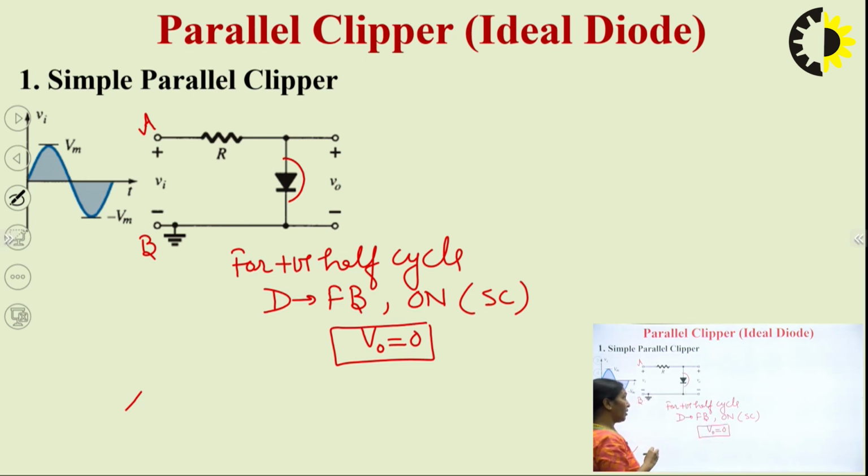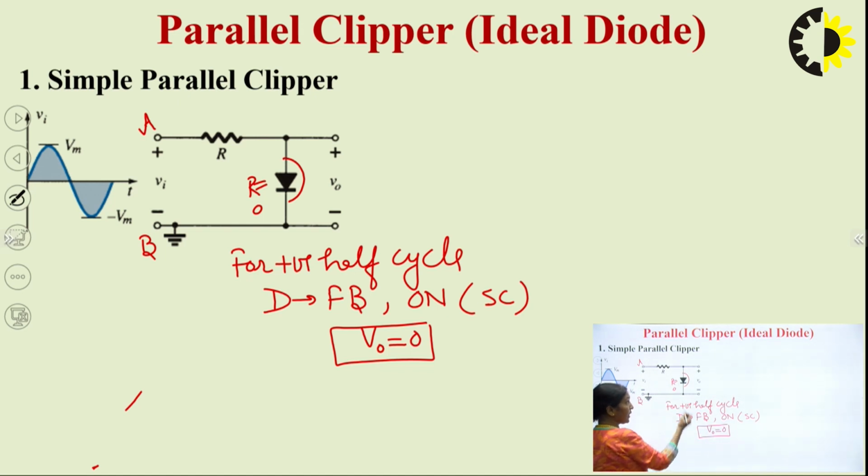Why? Because this is an ideal diode and it will offer zero resistance when it is forward bias. If the resistance is 0, then whatever current is flowing through it, the voltage across this load will be equal to 0.